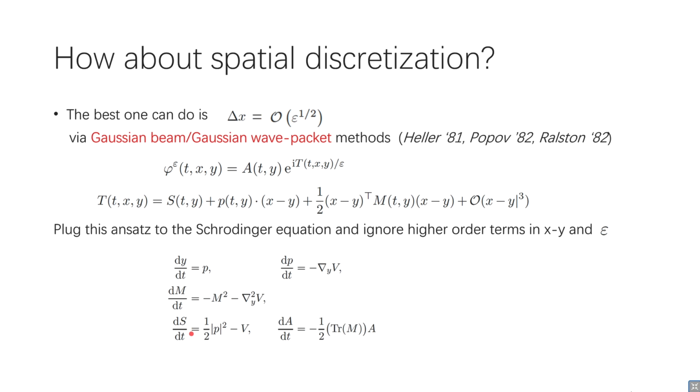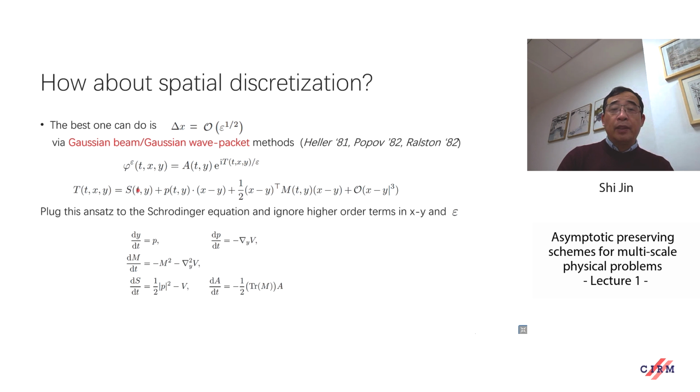And this S is the phase, where A is the amplitude. A here is complex valued, and M is complex valued. You get this system of ODEs for all these unknowns, amplitude, phase, momentum, and Hessian, and you solve this dynamics, which governs the evolution of this ansatz.